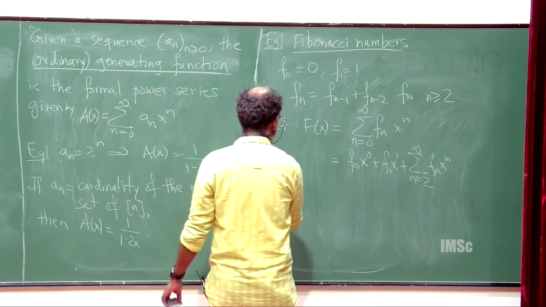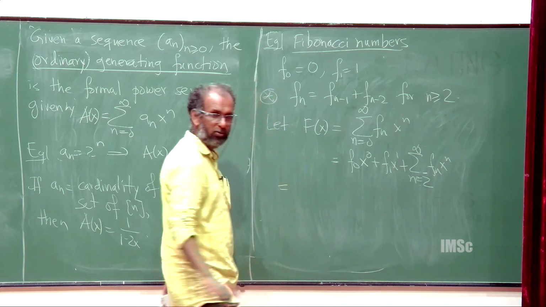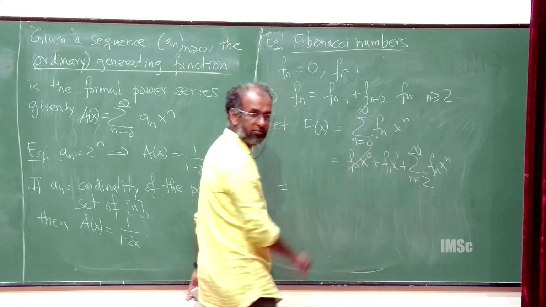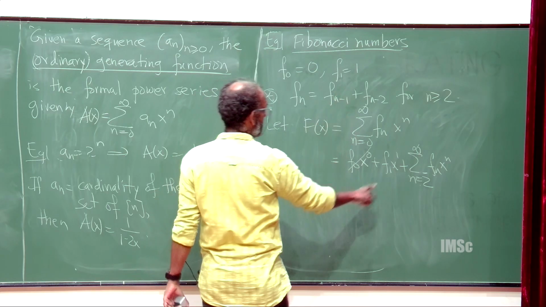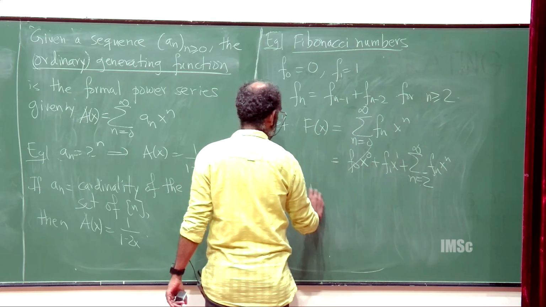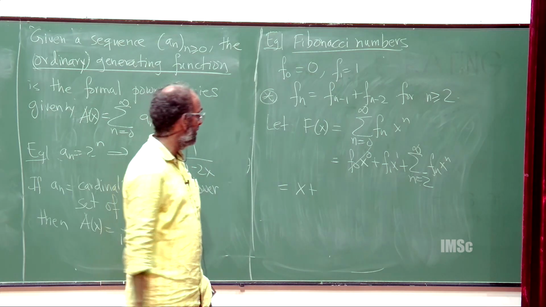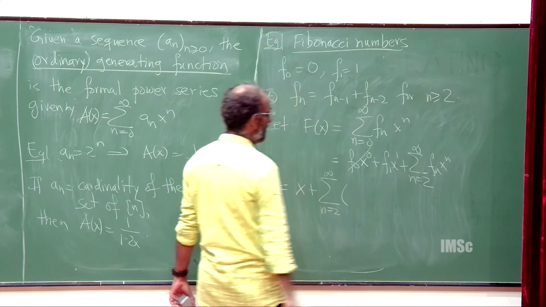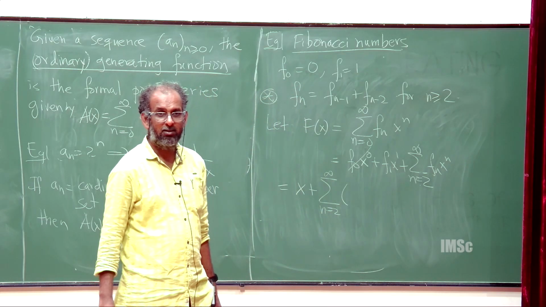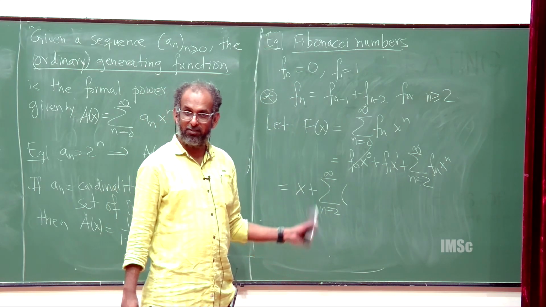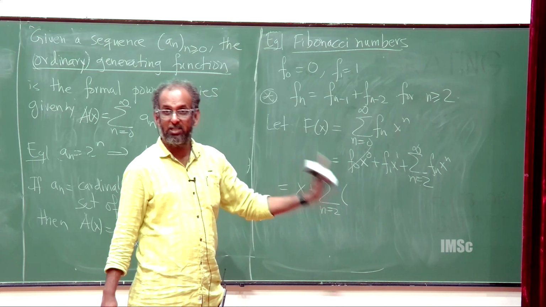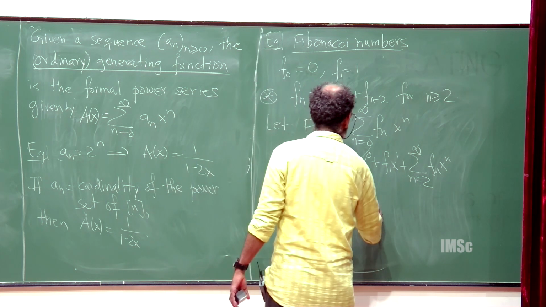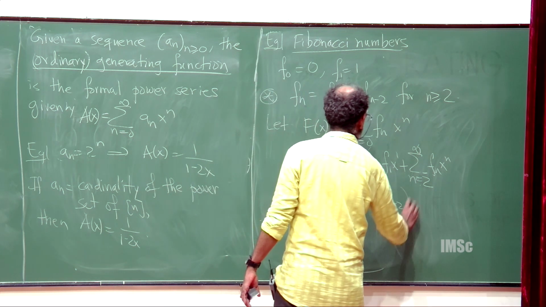This is equal to, f_0 is 0, so this goes away, f_1 is 1 and x^1 is x, so this is x plus sum n equals 2 to infinity. What is f_n? Now I can use f_n is f_{n-1} plus f_{n-2}, because n is greater than or equal to 2. So (f_{n-1} plus f_{n-2}) x^n.